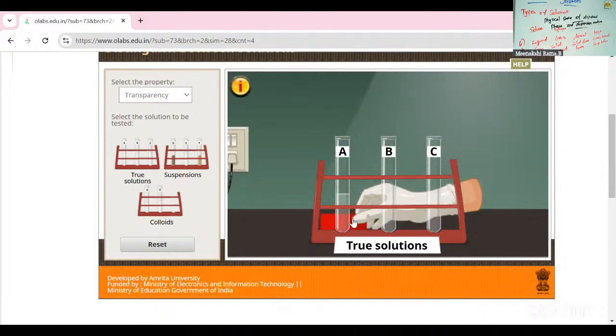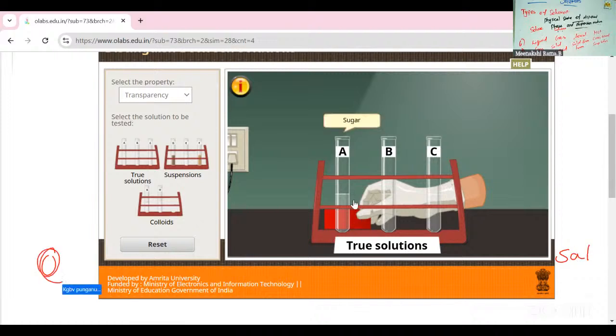We are able to see the paper clearly, so these 3 test tubes are true solutions. True solutions are transparent in nature. This is the first property of true solution. In transparency, the 3 solutions are very clear, so it is confirmed these are all true solutions.